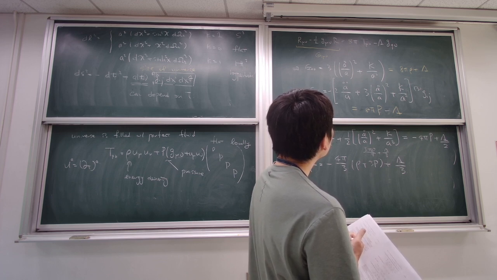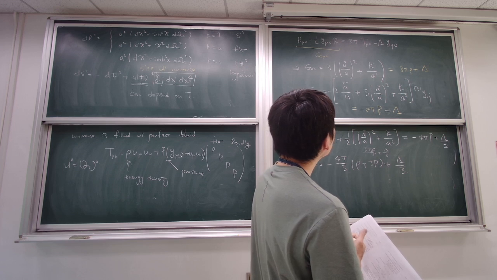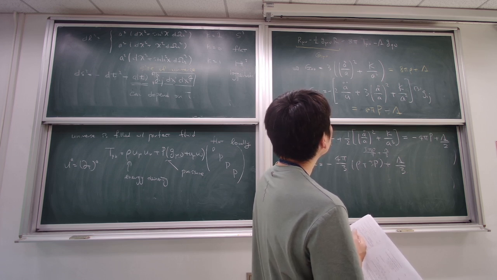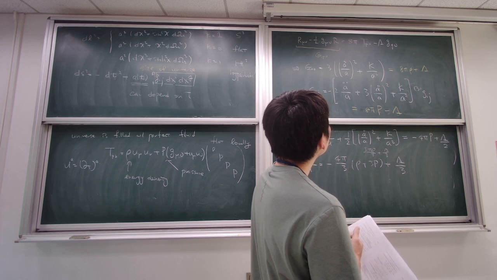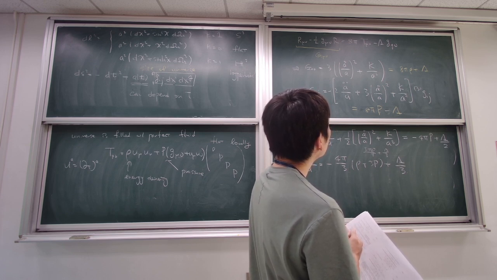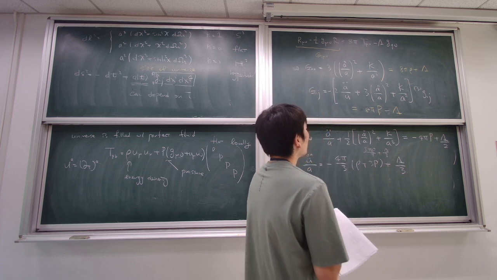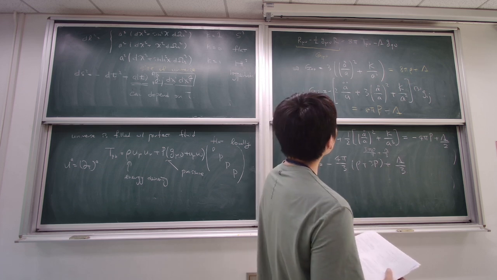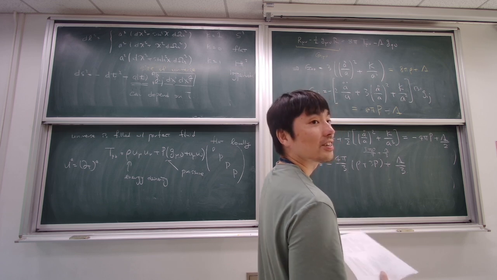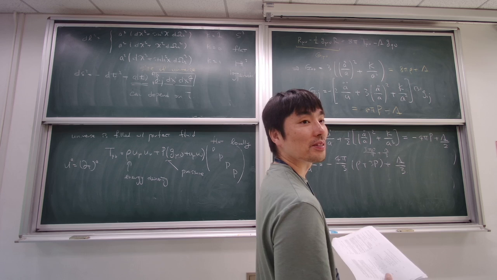But it should be minus lambda a(t) g_ij. And after we divide, maybe then we'll get something. True. Can anybody find my mistake?